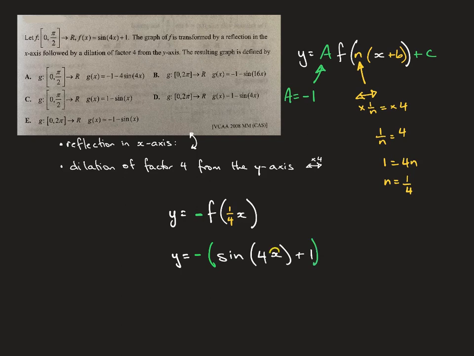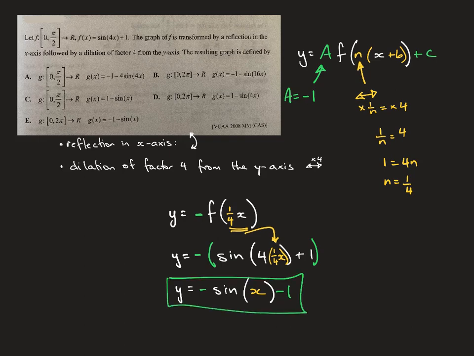And where the x is, we're going to replace it with 1/4 x. And so now our function becomes minus sine. 1/4 times 4 is 1, so that's just x. And then this plus 1 gets multiplied by the -1 to give us -1. So this is our equation that we're looking for.